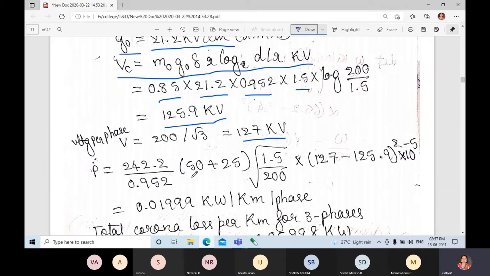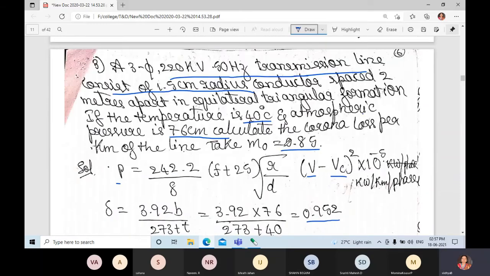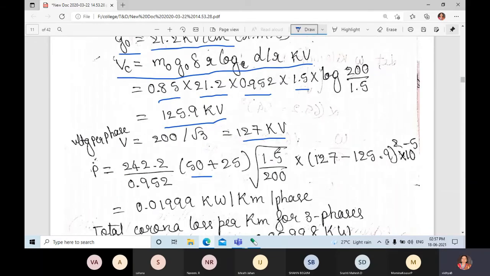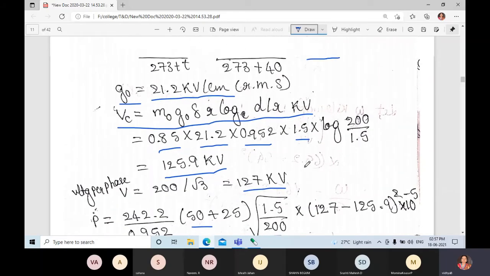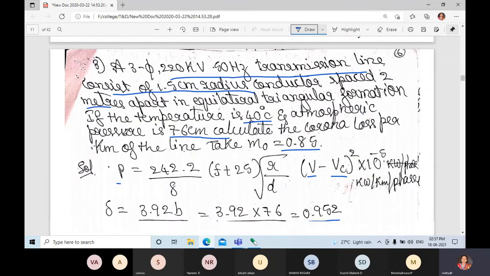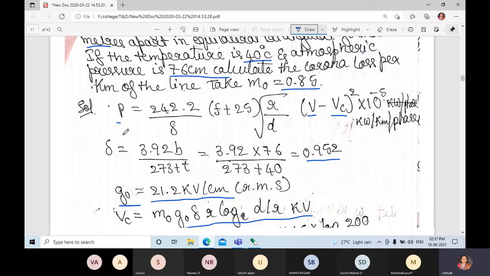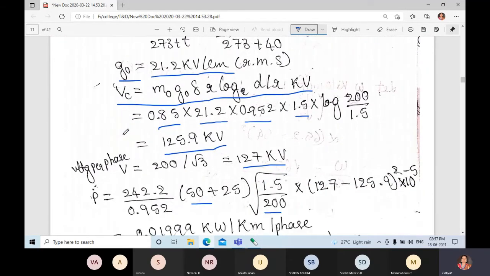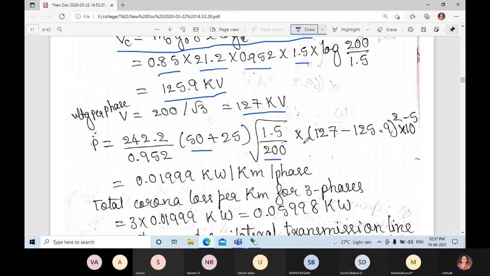F is nothing but frequency 50 Hz, plus 25 square root of R by D. R value is 1.5, D value is 200. They have written 200 because they have written it in terms of centimeters; it is 2 meters. So that's why they have written 200.